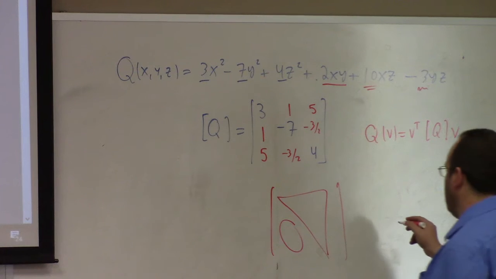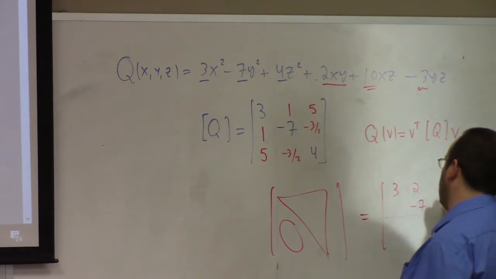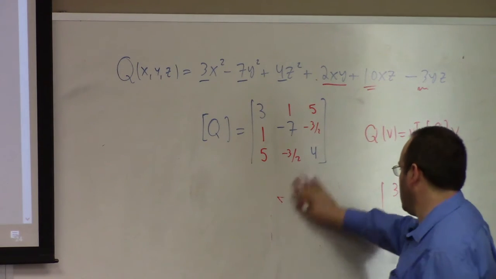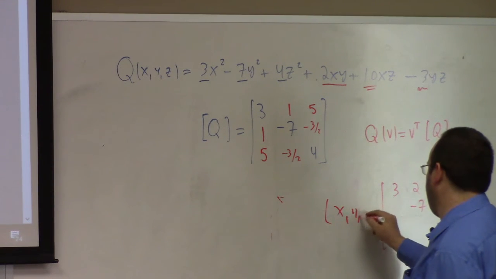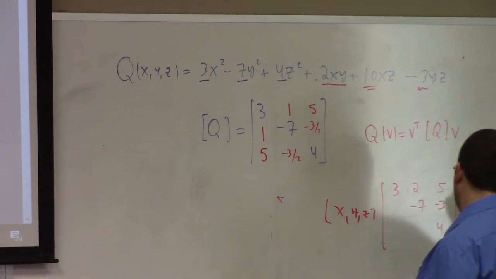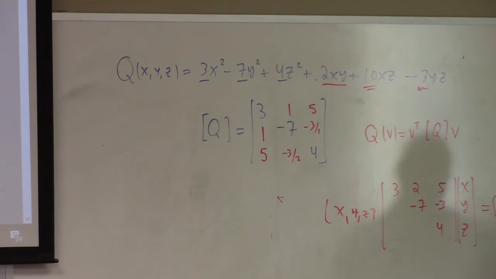It is true that you could make the matrix 3, 2, 5, minus 7, minus 3, 4. And if I take this times the xyz row vector, times the xyz column vector, what I'll get is 3x plus 2y plus 5z, minus 7y, minus 3z, and 4z.